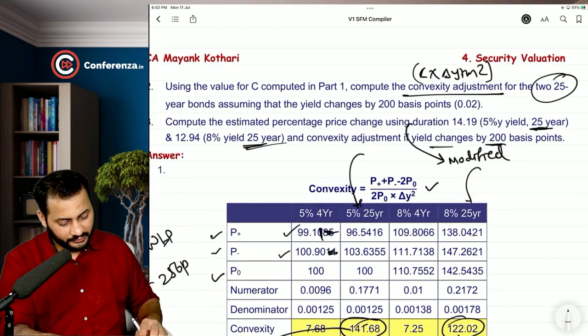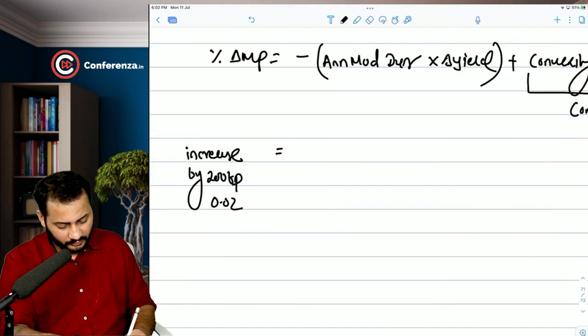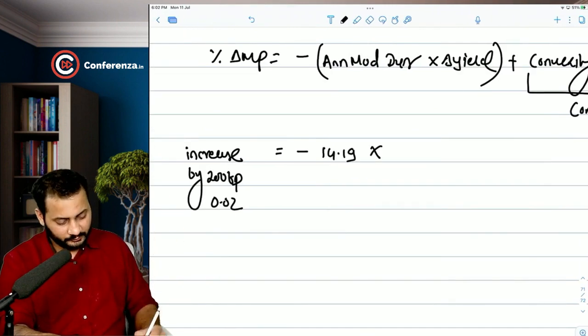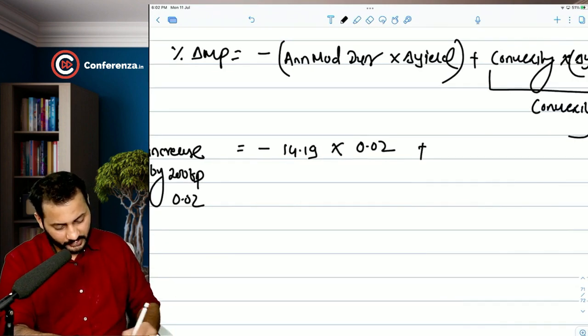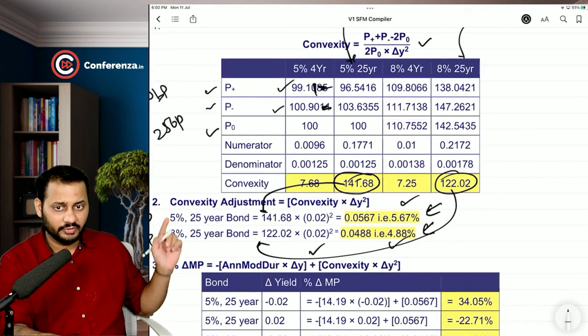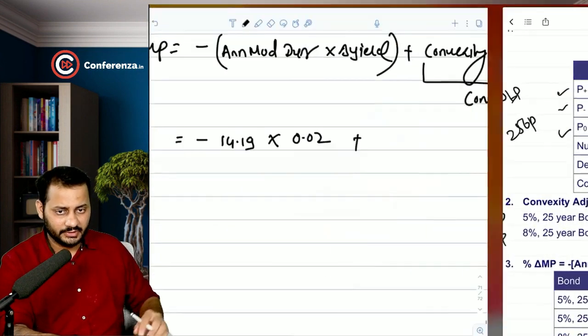Annual modified duration for this is 14.19. So minus 14.19. If the yield is increasing, so 0.02, plus convexity for that, the 5%, 25-year bond, was 5.67%.